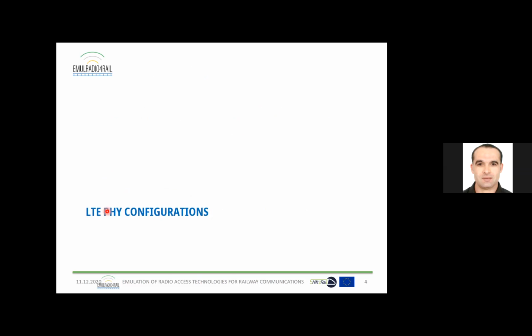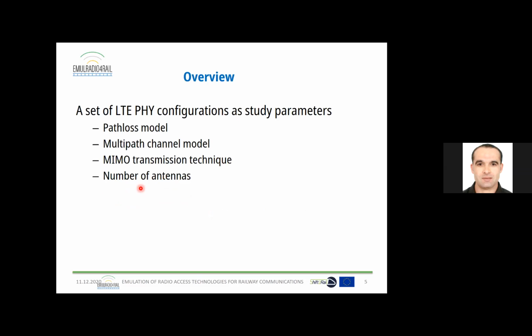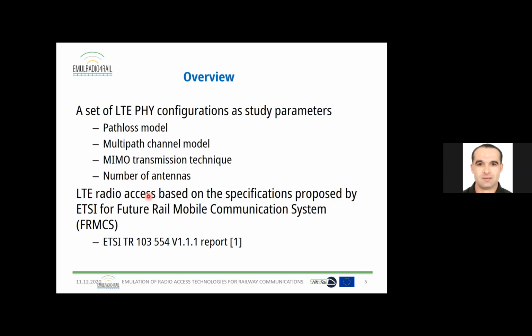So let's start with the first part, related to physical layer configurations of the LTE technology. Here we consider a set of study parameters, including the path loss model, the multipath channel model, the MIMO transmission technique, and the number of antennas at the trains and the eNodeBs. For this study, we consider an LTE radio access based on the specifications proposed by ETSI for future rail mobile communication system.